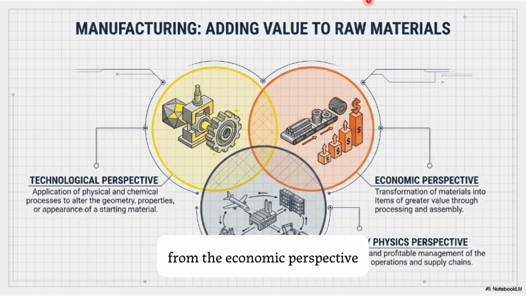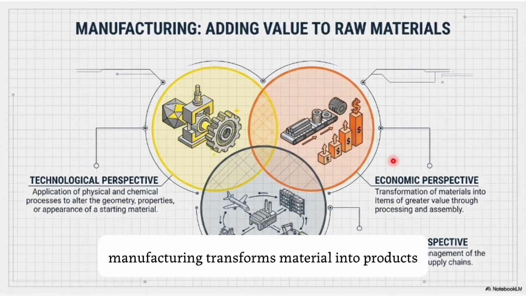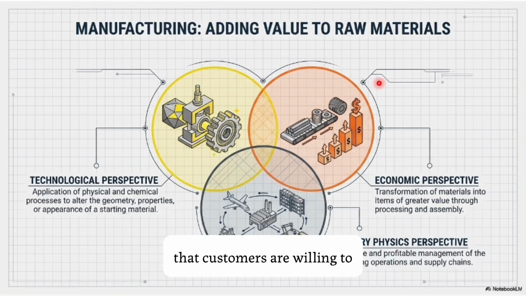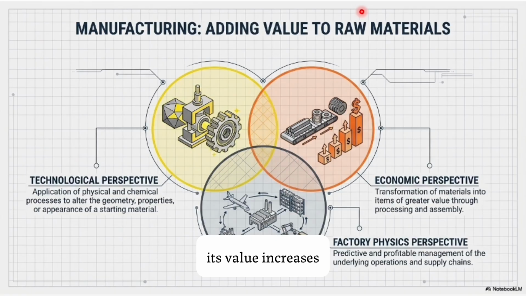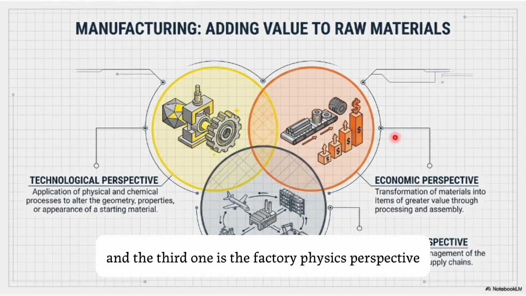From the economic perspective, manufacturing transforms material into products that customers are willing to pay more for. For example, a sheet of steel is worth one amount, but once it becomes a car door or a machine housing, its value increases. And the third one is the factory physics perspective.